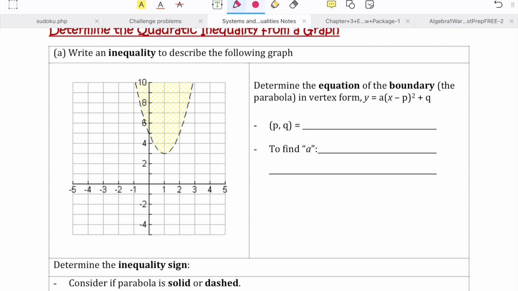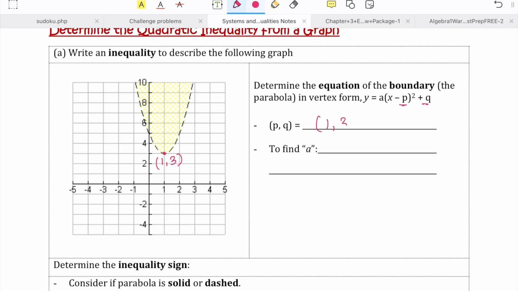A quadratic equation. Vertex, yeah, because it's easy to just put P and Q and then find your A value, right? Okay, so what is my P and Q here? 1, 3. So that's my vertex.